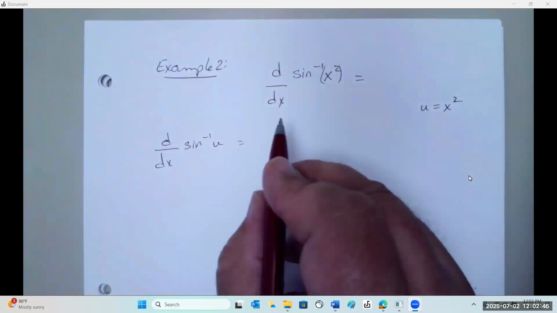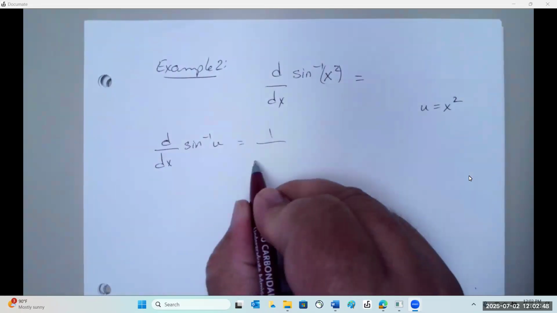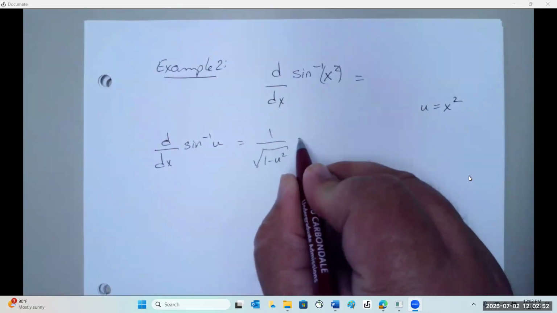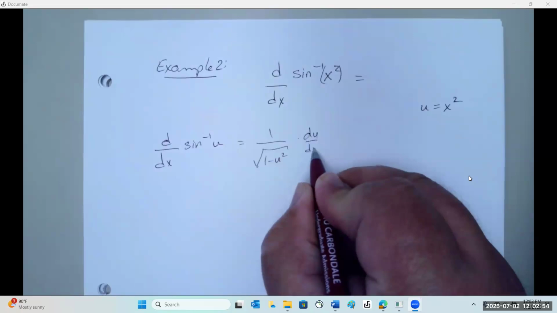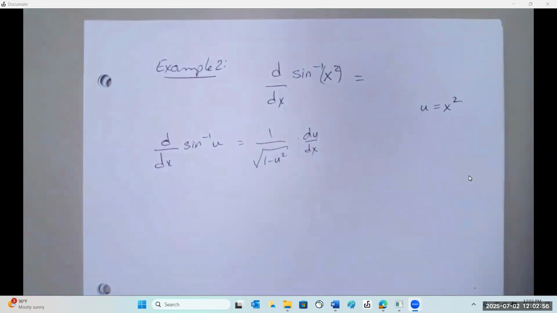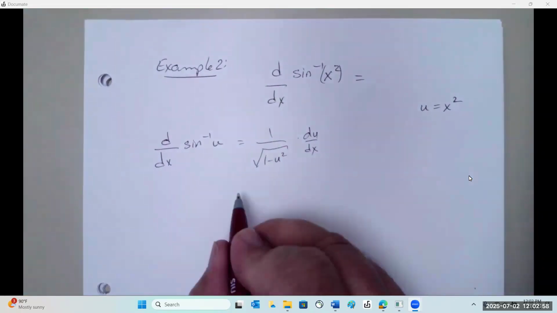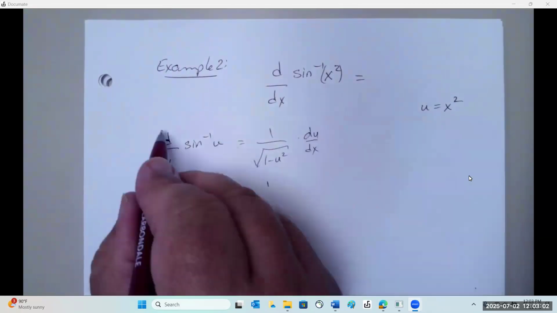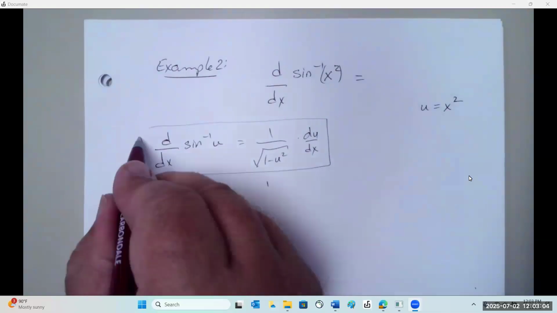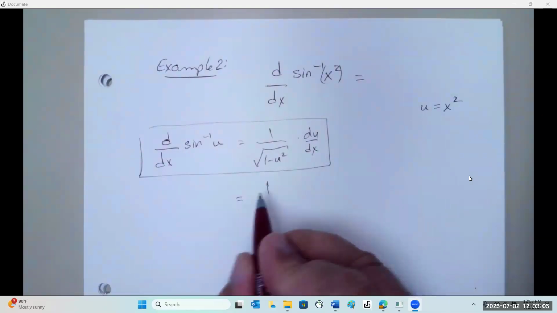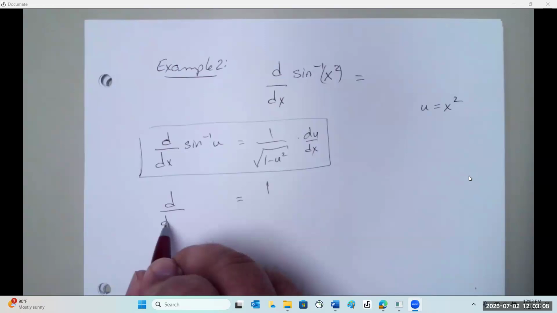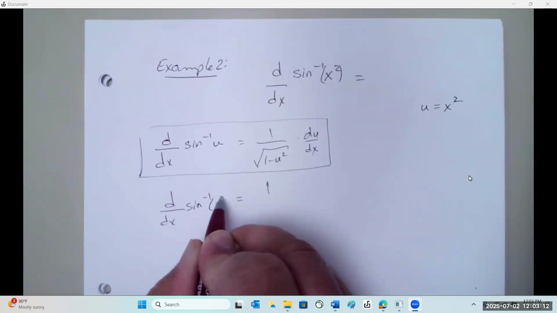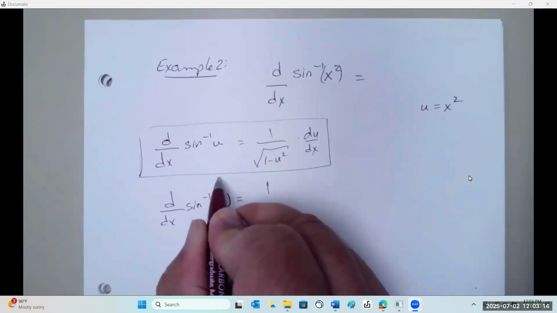The derivative of that is 1 over the square root of 1 minus u squared times du dx. So in our case, this is my u.